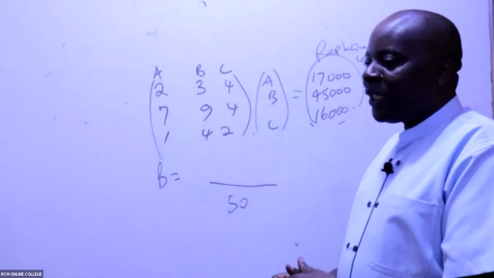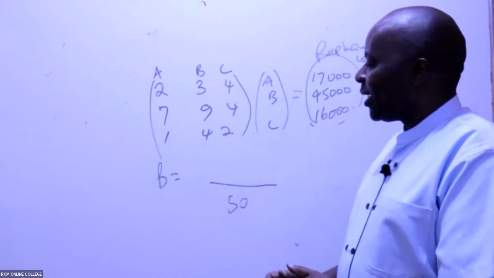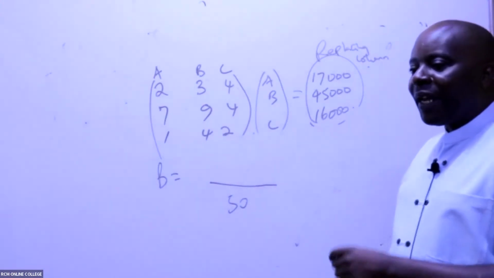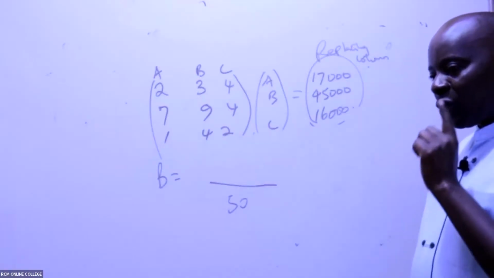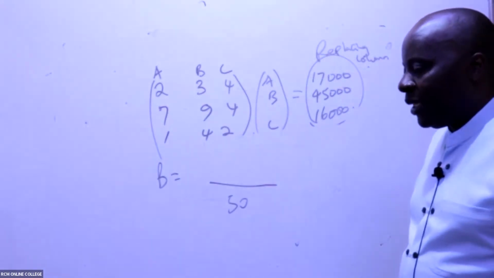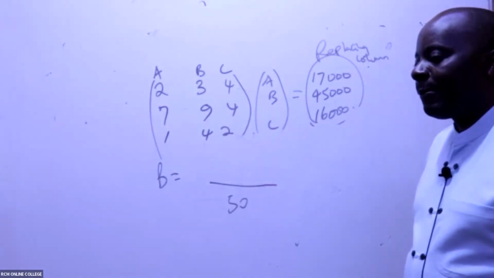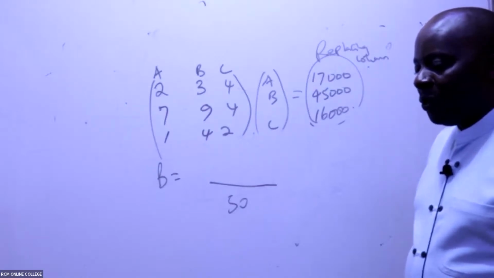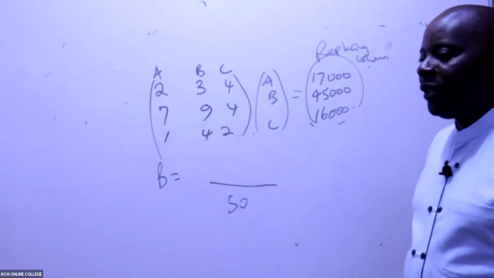I would want to see whether there is anybody who will be able to construct the numerator for B. Let me give you 1 minute. Let's see whether there is even a single student who will be able to construct the numerator for B.